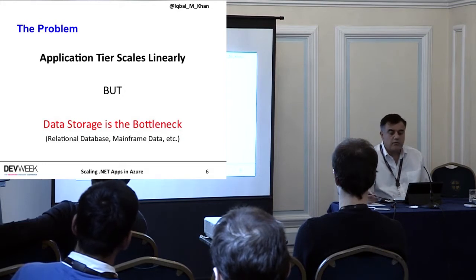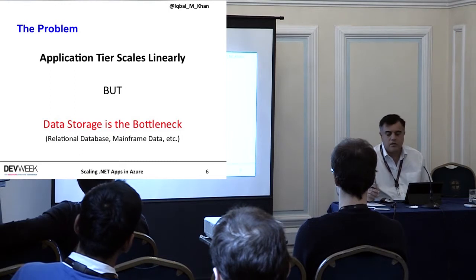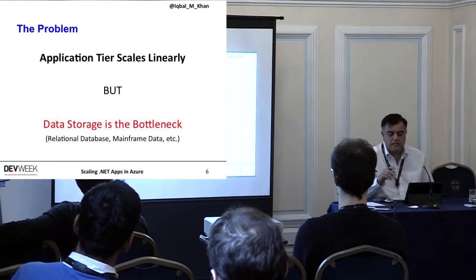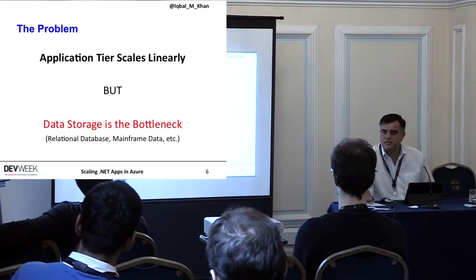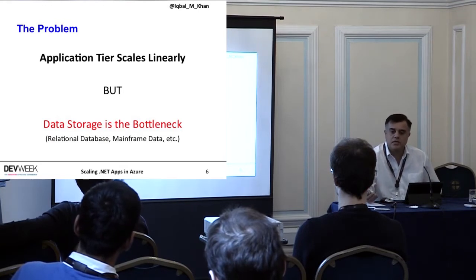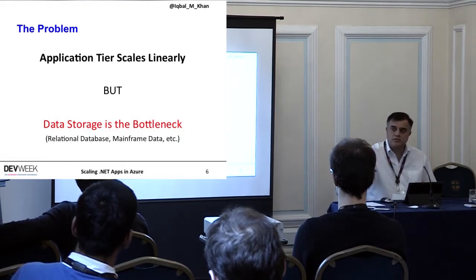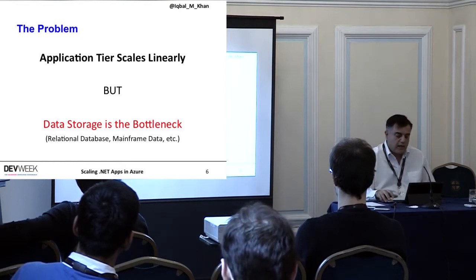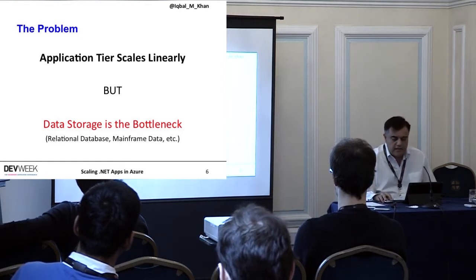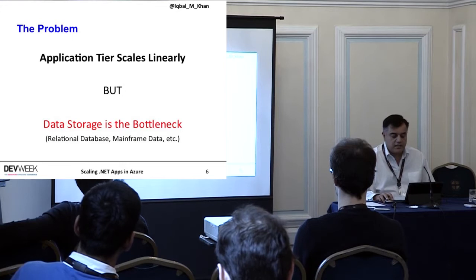So what is the problem? The problem is not that the application tier scales linearly. You can add more servers, as we said, to your web application. It's a load balanced environment. As you add more servers, you can handle more and more requests by the users. So that scales very, very linearly, but data storage becomes the bottleneck.